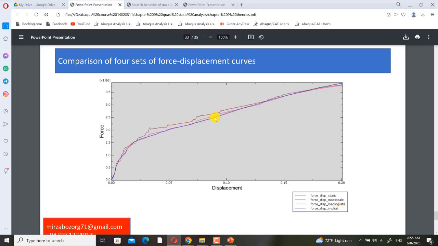Here you cannot see the light brown one because it is covered with the blue curve, and they are almost the same. Because of this, you cannot see it here. That's it.